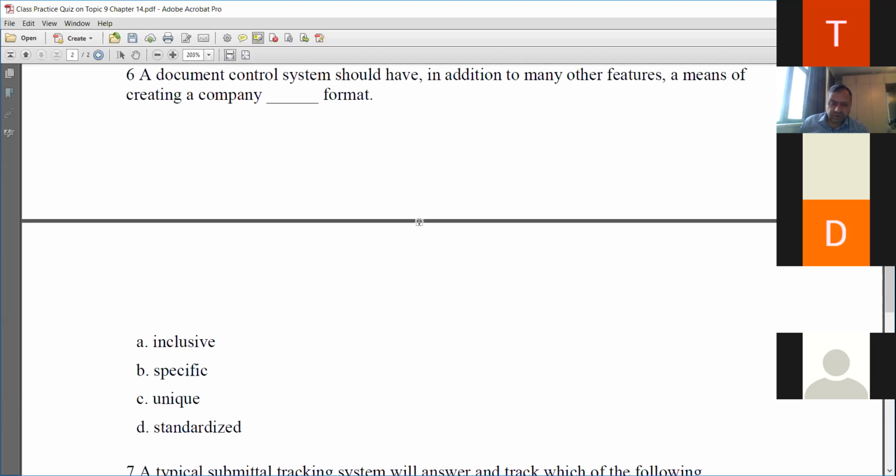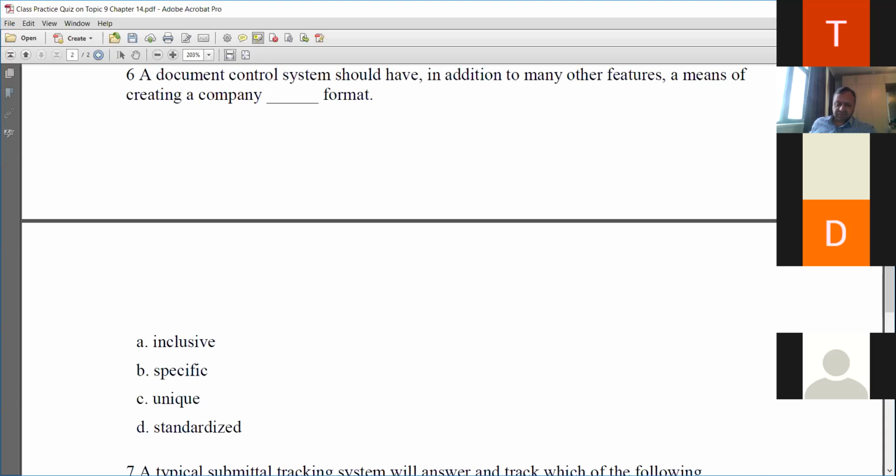Next is: a document control system should have, in addition to many other features, a means of creating a company dash format. The options are inclusive, specific, unique, standardized.